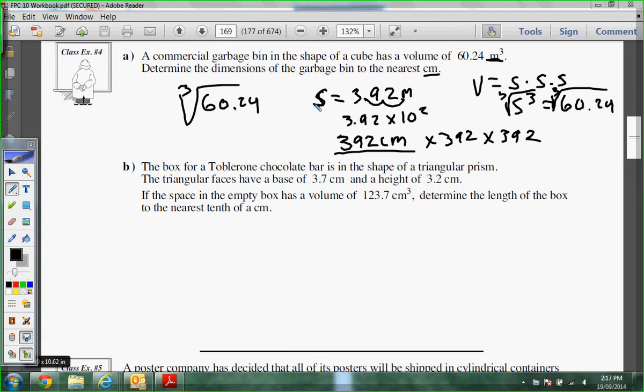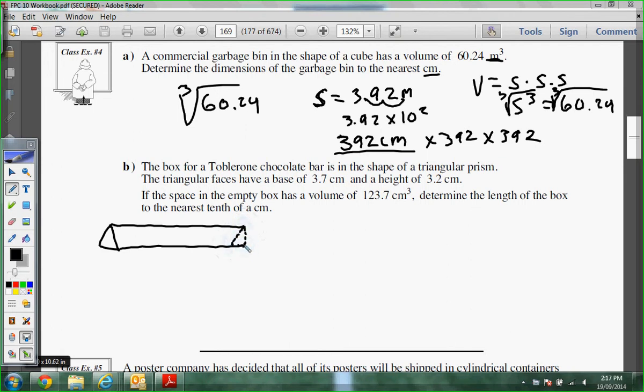Okay. All right. B says the box for the Toblerone chocolate bar is in the shape of a triangular prism. The triangular faces have a base of 3.7 and a height of 3.2. So you're talking about that really long, I don't know if you have seen these, but they're candy bars that are really long.